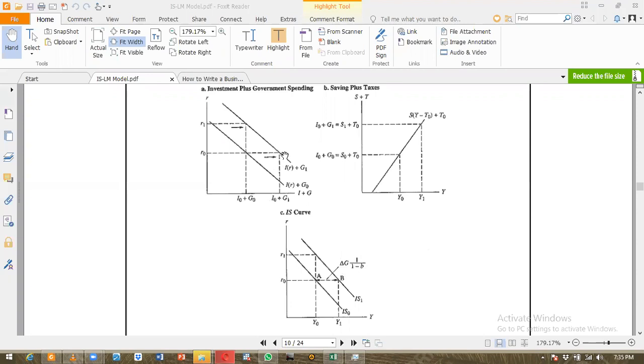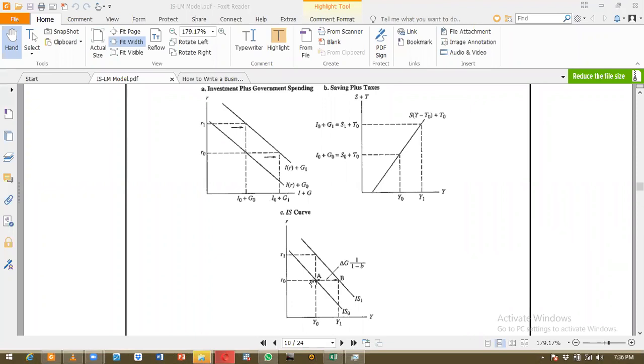Assuming we're starting from here at the same interest rate of R0, if there's a decrease in government spending, it's going to cause the injection schedule to shift to the left. That will be seen as a leftward shift in the IS curve.